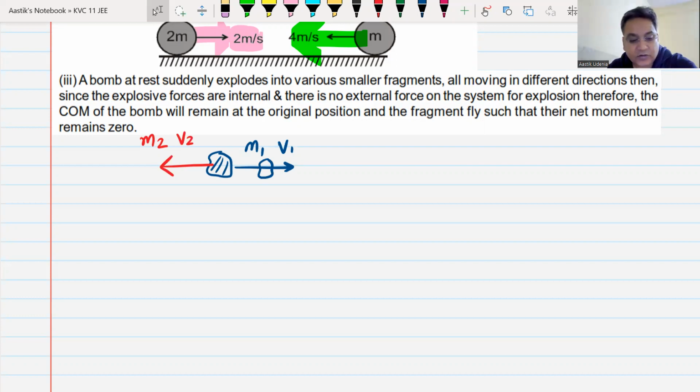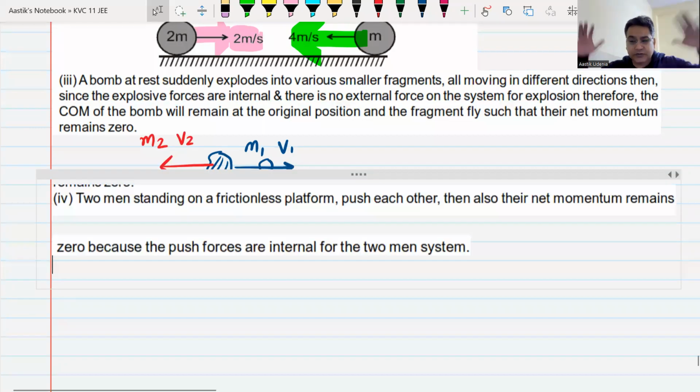In that case also we will apply the same principle. Two people are standing on a platform. The platform is at rest. These are questions basically which are going to come, and they start moving. So the initial momentum is 0, and therefore the final momentum would be 0. The center of mass will remain at its original position. Do we understand this?